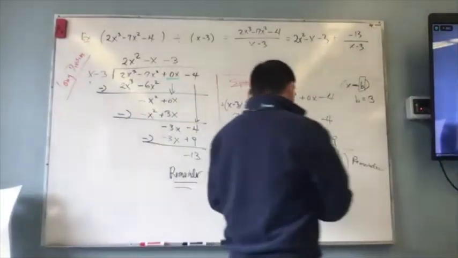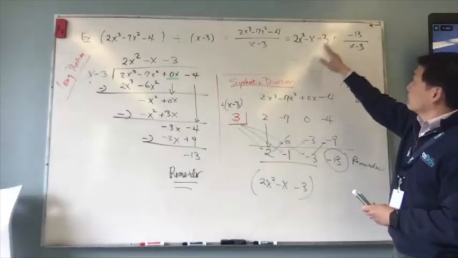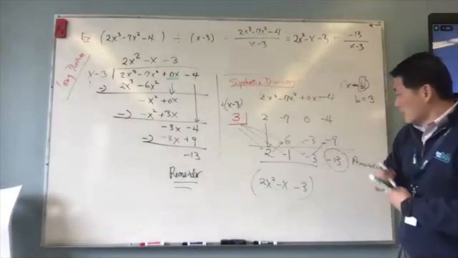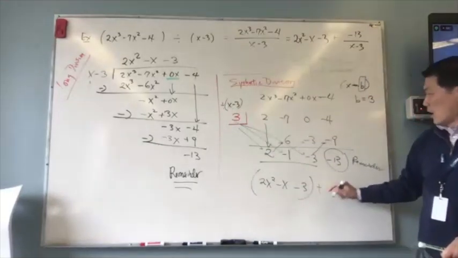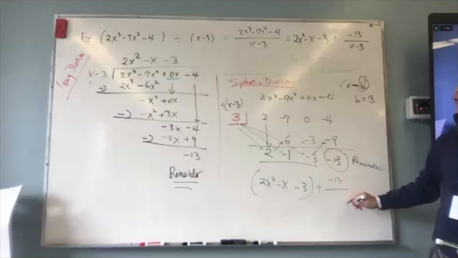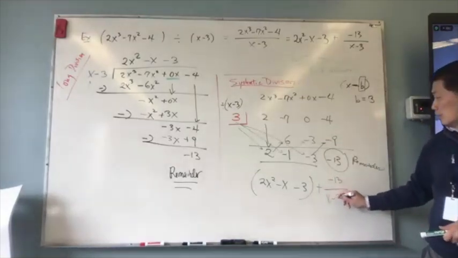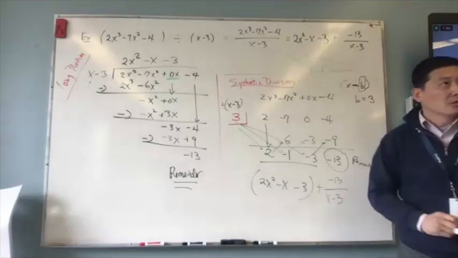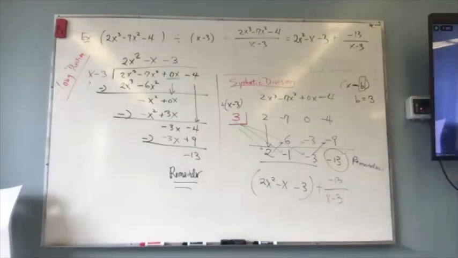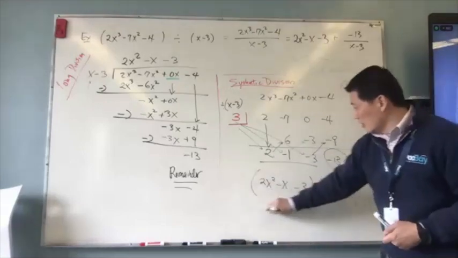So again, you can say this divided by x minus 3. The answer is this plus the remainder, -13, over the original factor, x minus 3. There you go. So there's your answer using synthetic division.